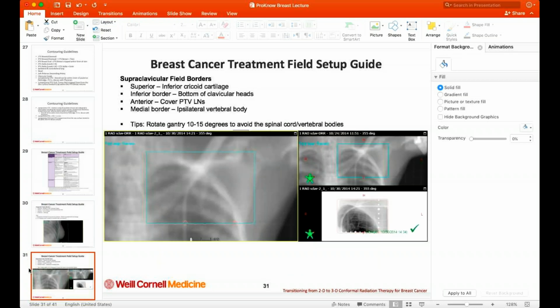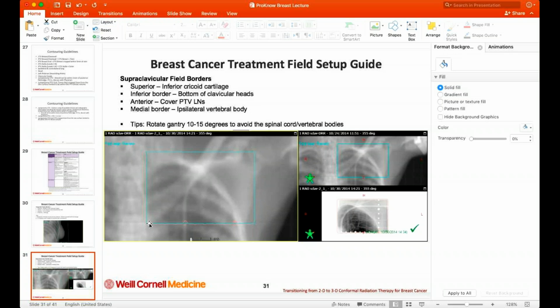When it comes to locally advanced cancers and treating the supraclavicular lymph nodes, you usually place the superior border at the bottom of the cricoid cartilage. But again, you want to see where the PTV of the supraclavicular lymph node is and make sure that you're covering that. The inferior border is usually at the bottom of the clavicular heads.